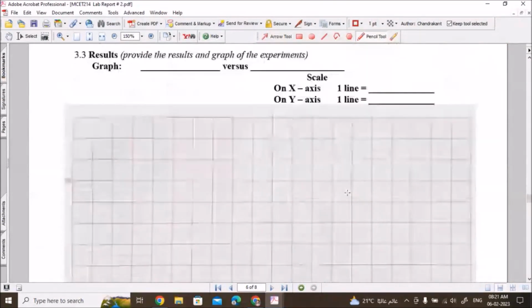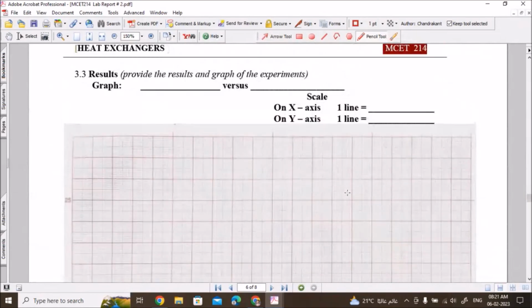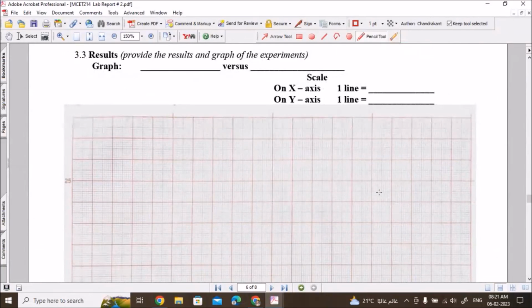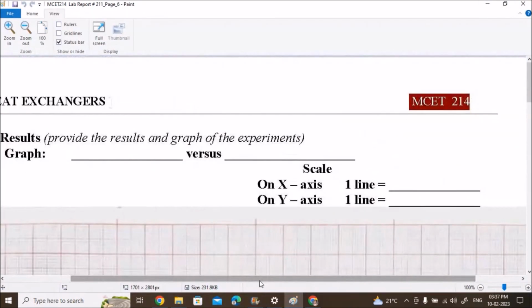Now we will move to the graph. The graph is important, and now how to plot, and we need to write the observation and review questions from the graph. First we'll plot the graph of temperature versus distance along the slab thickness.